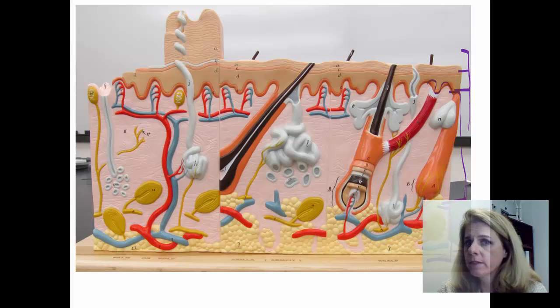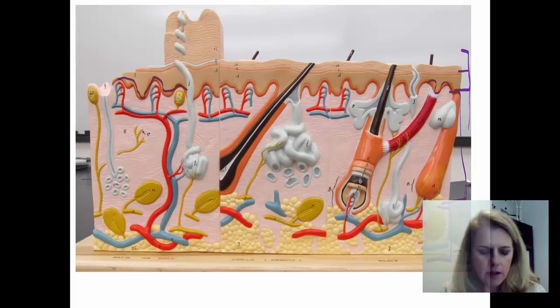Now your epidermis is made up of what kind of epithelial tissue? Stratified squamous. And the epidermis actually has layers, and you should have already seen this in your lecture video. This orange layer is that first layer, that mitotically active layer, the stratum basale. The next layer is this tan layer, the stratum spinosum.